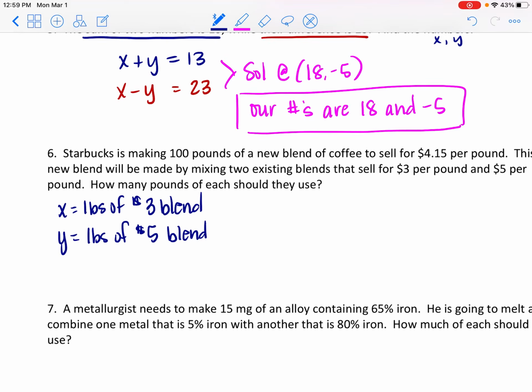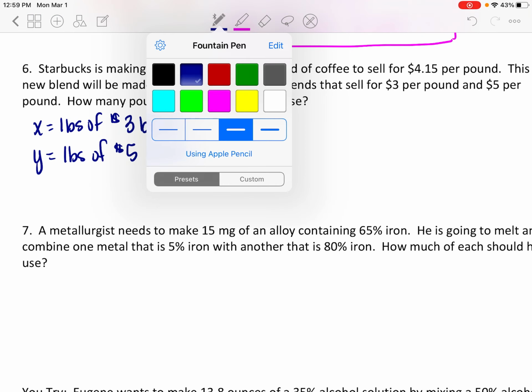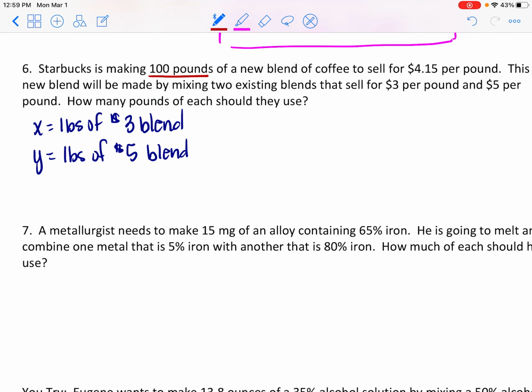So now we need to make two equations. One equation comes from this. The new mixture is going to have 100 pounds. So the number of pounds, one equation: x amount of the $3 blend plus y amount of the $5 blend has to make 100 pounds altogether.